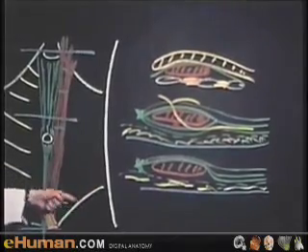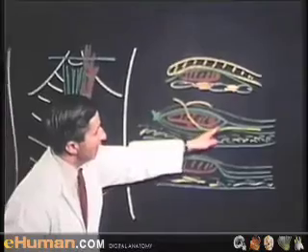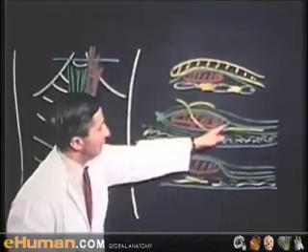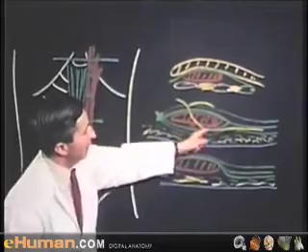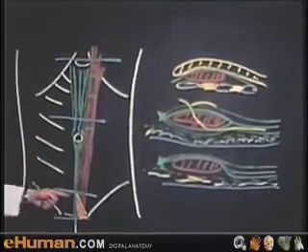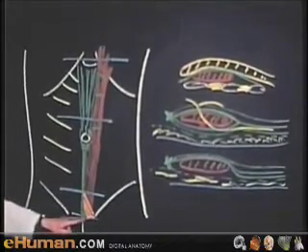Below that level, everything passes in front. And this forms a lower margin called the arcuate line, the lower margin of this posterior lamina of the aponeurosis of the internal oblique.